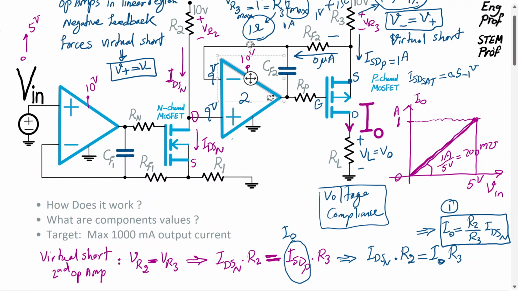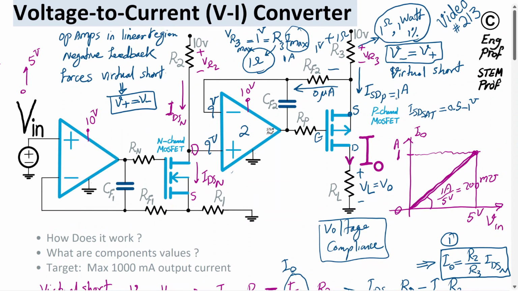How do we select the value of this current, IDS max? We are talking about the scenario in which the maximum current in the output branch is 1 amp, and we need to decide the maximum current for the N-channel MOSFET. The main responsibility of delivering current and burning power is in the final branch.